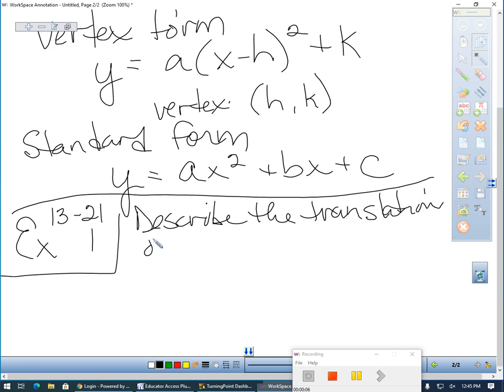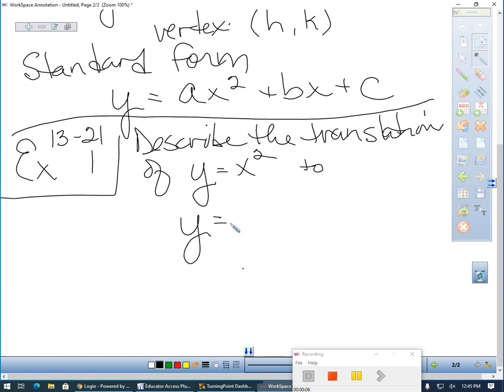Relation of y equals x squared to, let's go with y equals negative 3 times (x minus 4) squared plus 7.